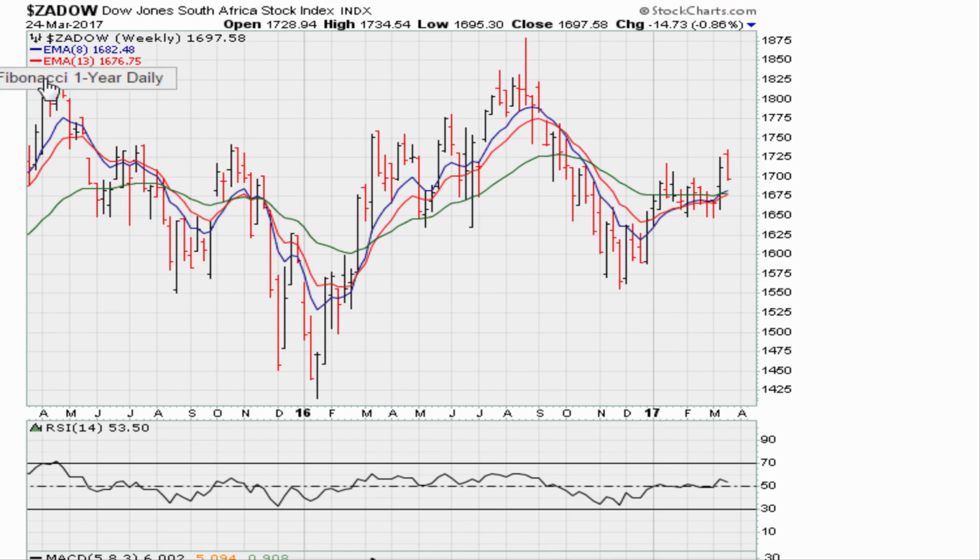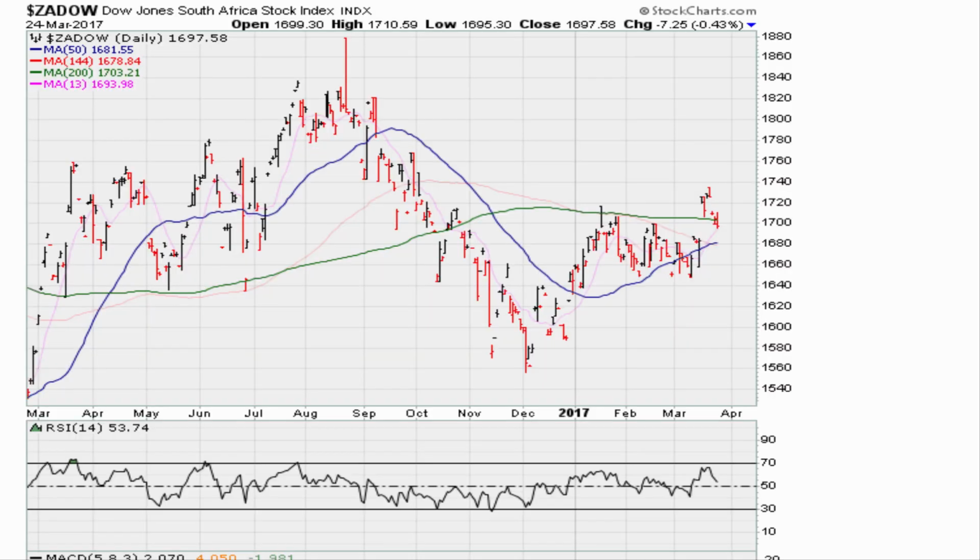Take a look at the daily, and the daily chart has topside RSI resistance coming in play over the last couple of days going into a week. We got double top resistance on that line, as you can see here, double top resistance. Again, until we move above this red line, this market remains challenged.